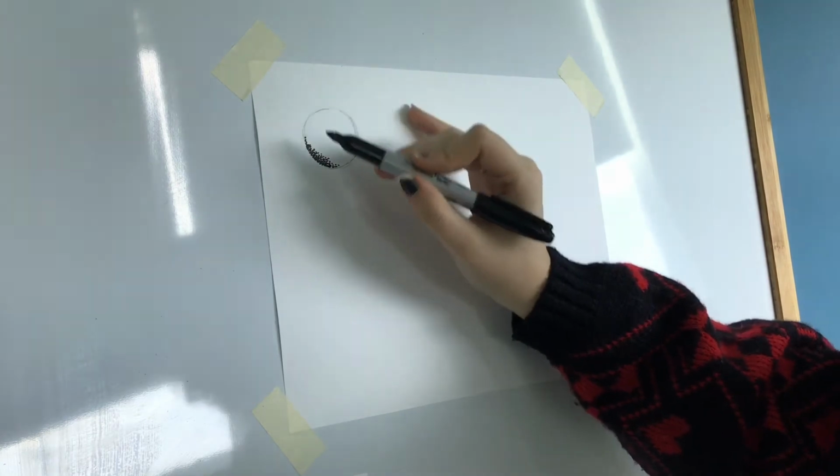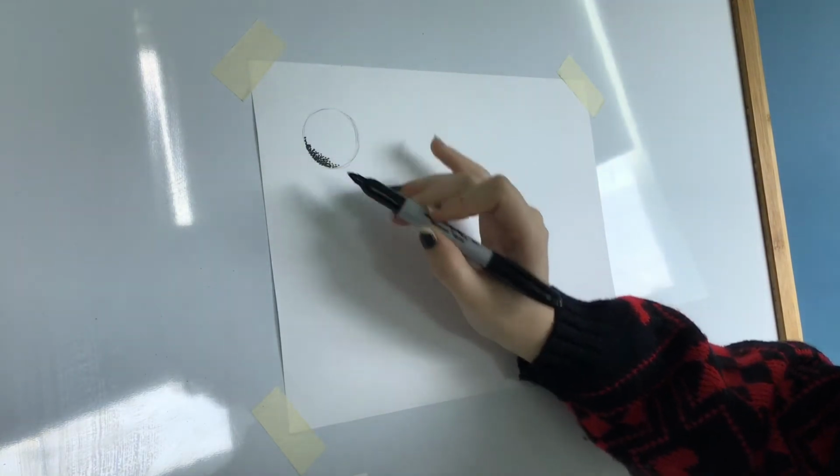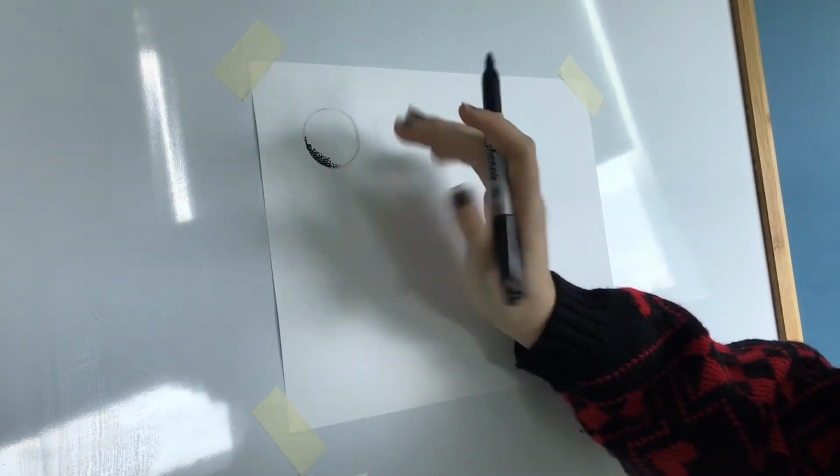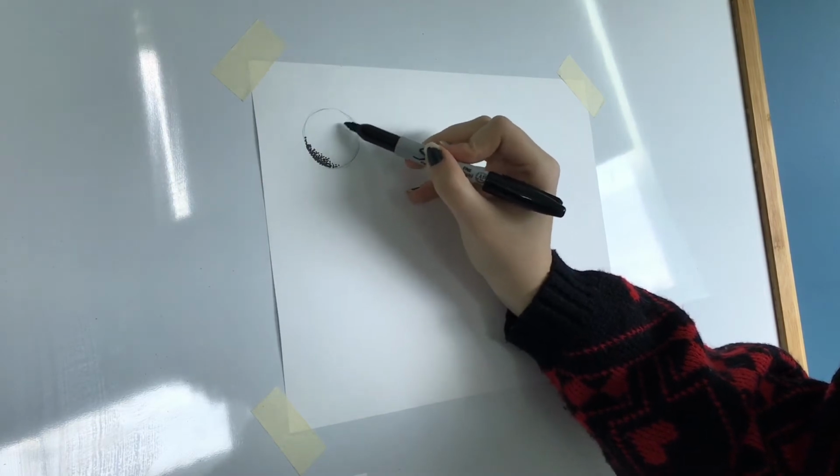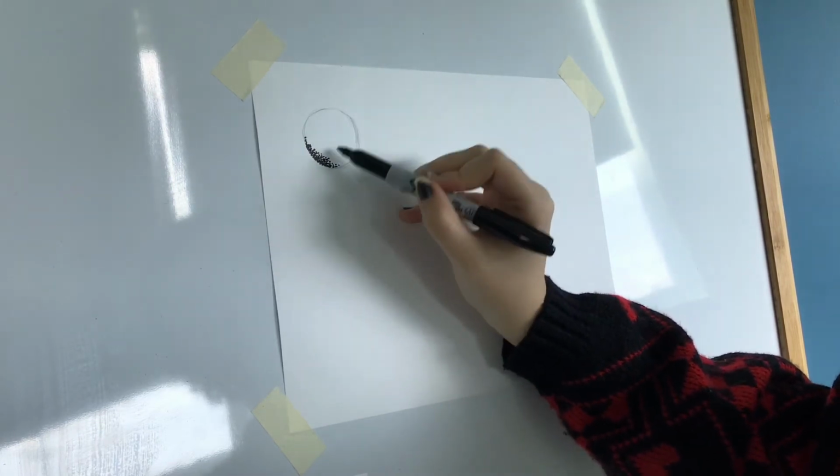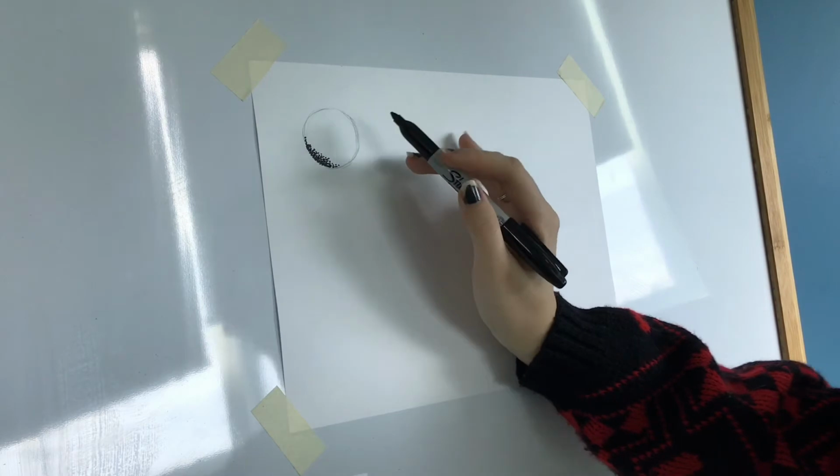So you can see on the side that's furthest away from my light source, I'm creating a really dark shadow. So as you're getting here to the center where the light source is hitting, you're going to want to make your dots much more spaced apart.